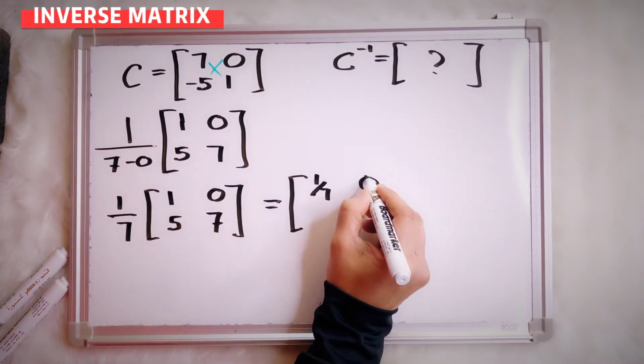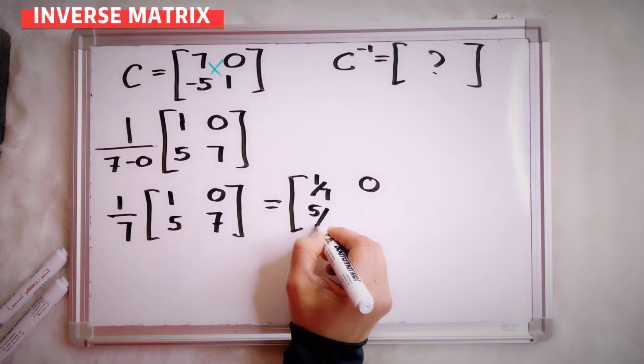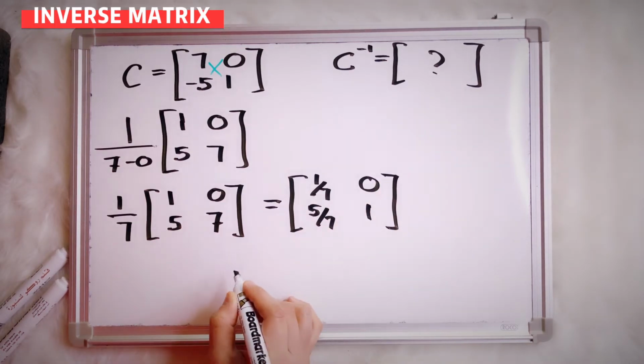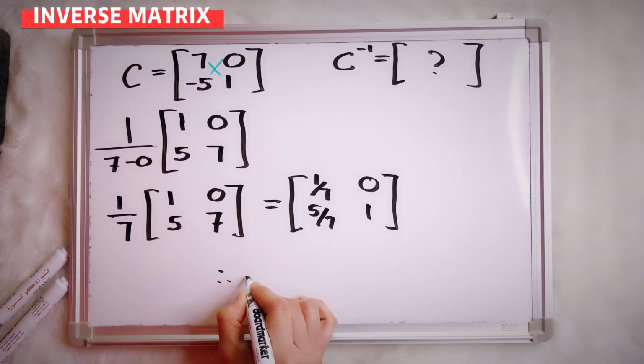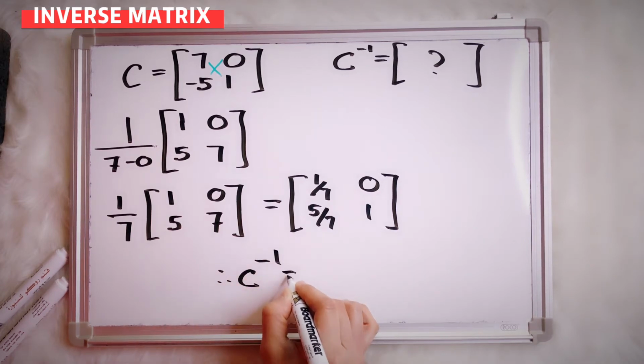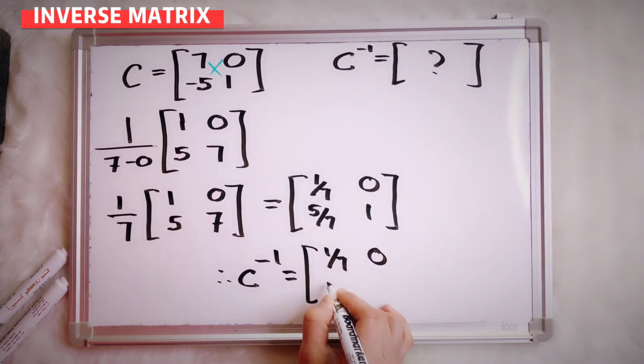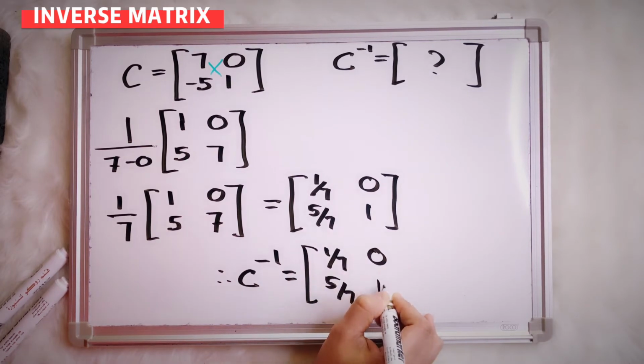Here is 0. So here is 5 over 7. And here is 1. So therefore your C inverse is 1 over 7, 0, 5 over 7, and 1.